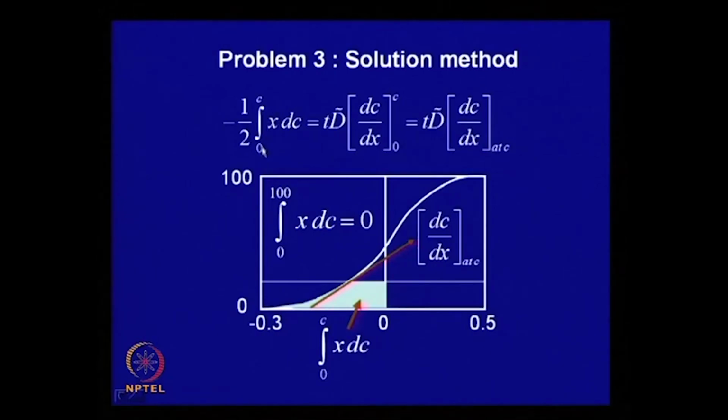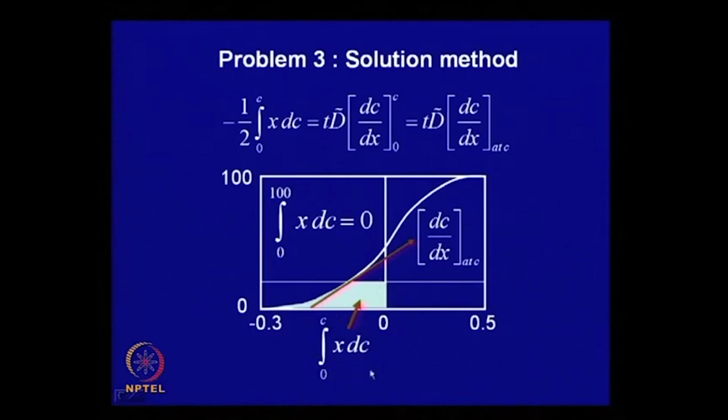Look at this, this is the integral of x dc, where x is the distance and c is the concentration. In this concentration profile curve, the y axis is the concentration and this axis is the distance. To locate that Matano interface, you need to look at this concentration profile and select a place where this area and this area are equal.